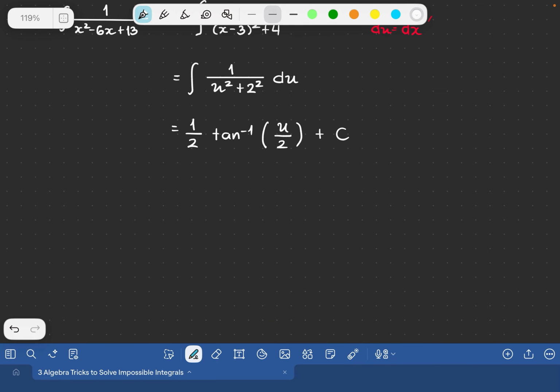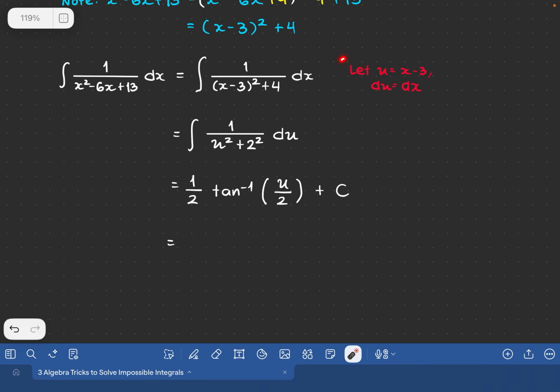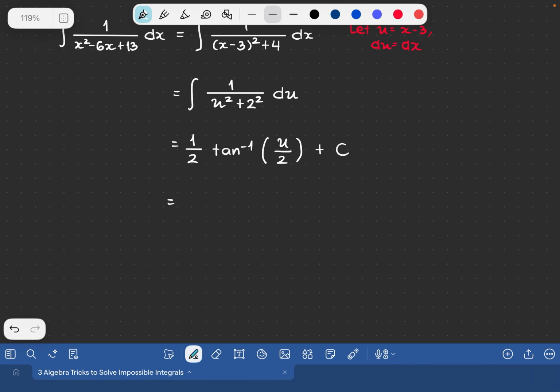Then again, we started with x, we must end with x. Using this relationship, we can rewrite this as 1 over 2 tangent inverse of x minus 3 all over 2. This is the answer for this problem.